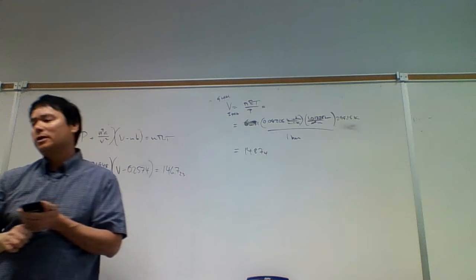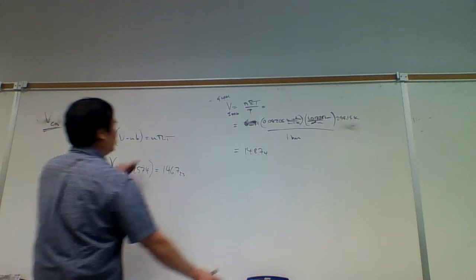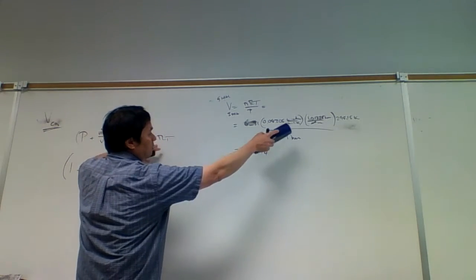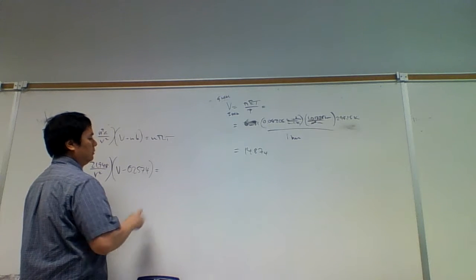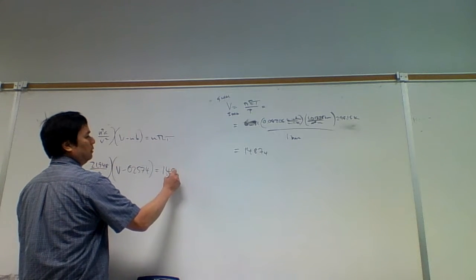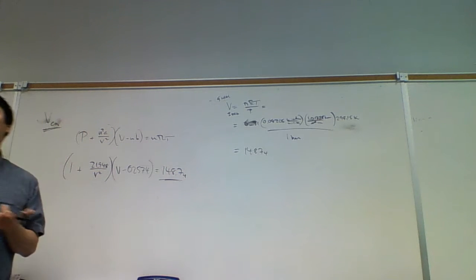The reason I'm checking it is because I remember the number 148, because our first guess was 149. And so nRT is 148.74. And so this is our target, 148.74.